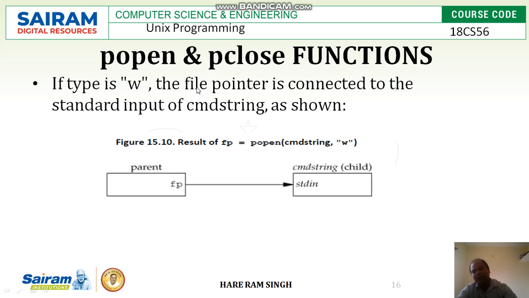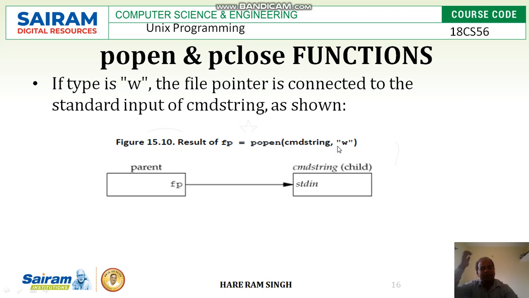Next, if the type is w, the file pointer is connected to the standard input of the command string. Here again we have called the popen function, but instead of read it is write mode.